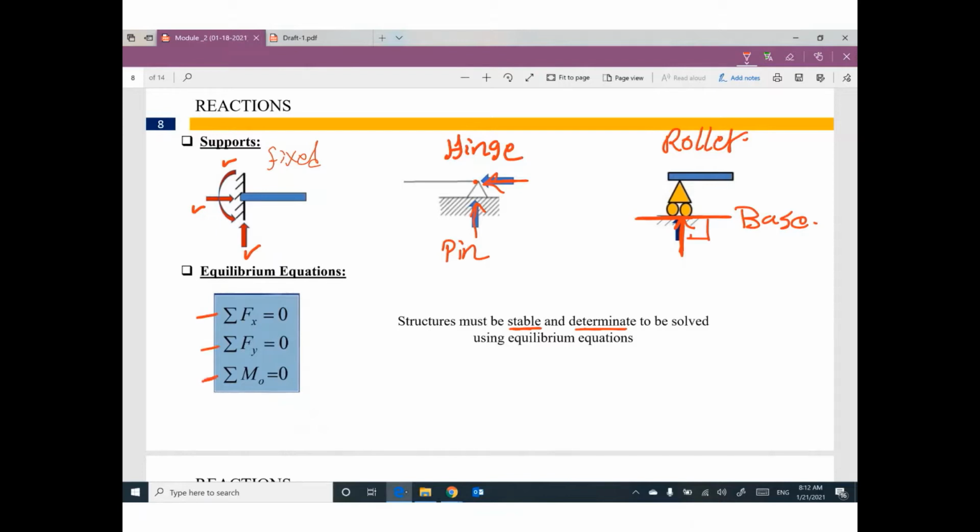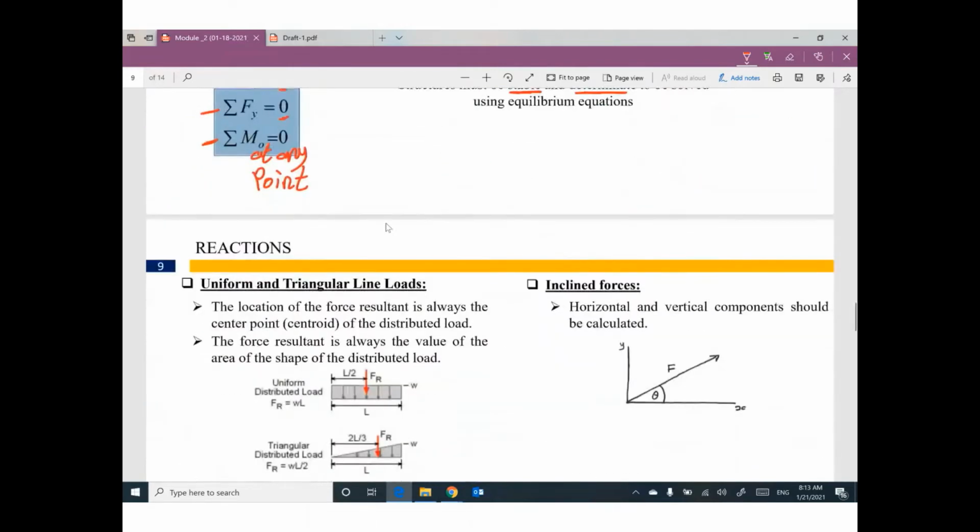Summation of forces in x direction equals 0, summation of forces in y direction equals 0, summation of moment at any point equals 0. For any structure which is stable, we can apply these three equilibrium equations.